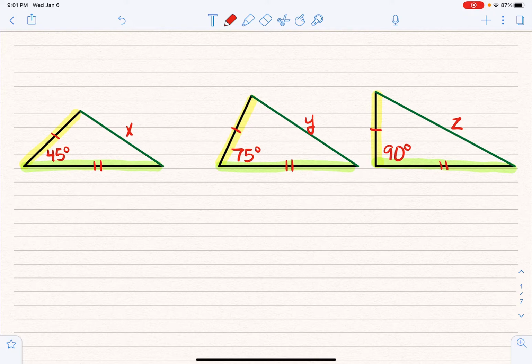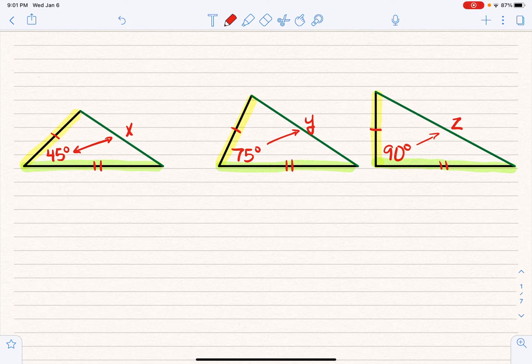What we can see is that even if we hold those highlighted sides consistent in size, as we open that angle, the opposite side gets bigger.